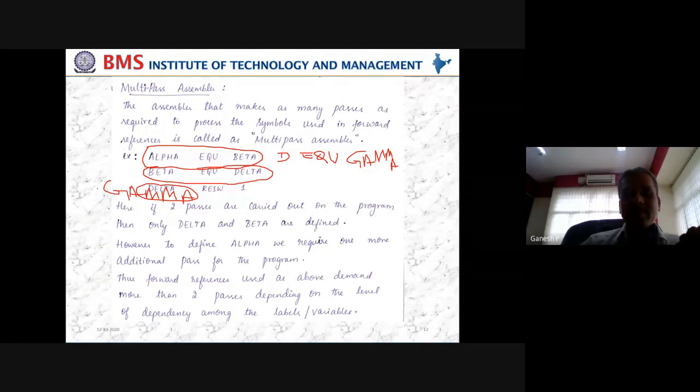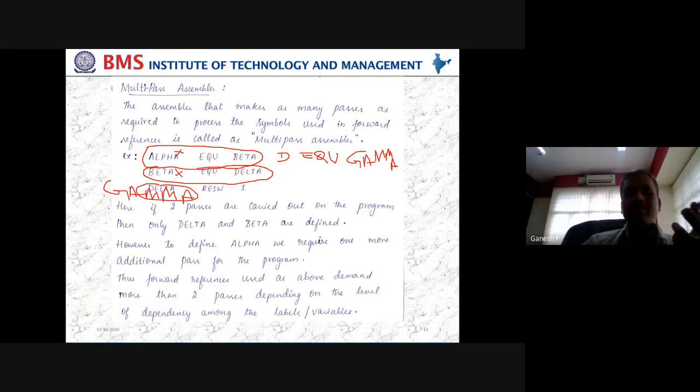Next, gamma reserved 1, so in pass 1 this value is resolved. Now pass 2. Again, alpha equal to beta, not possible. Beta equals delta, not possible. Delta equal to gamma, yes, possible because the gamma value is available from pass 1. So out of alpha, beta, delta, gamma, only two are resolved: gamma and delta. Alpha is not processed, and beta is not processed either.